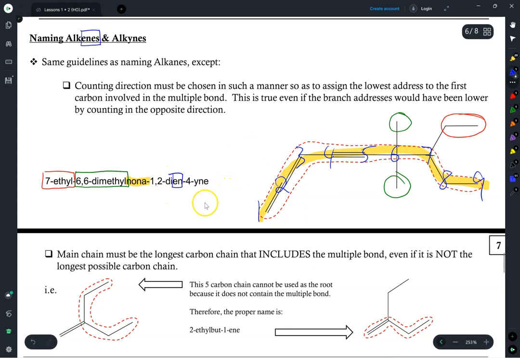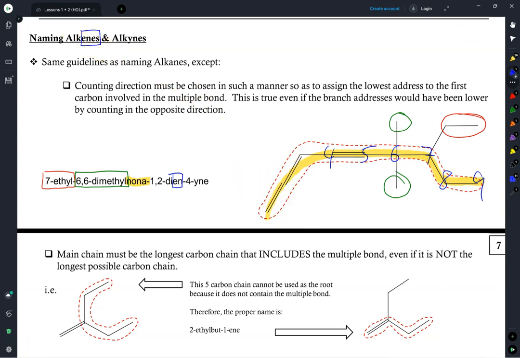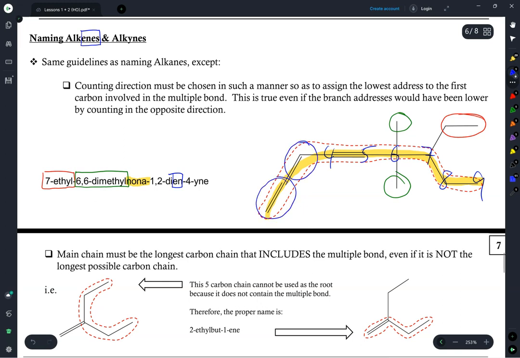Now, hopefully you can guess that the en comes from the suffix ene from alkenes, and that's to indicate the presence of double bonds. And since there are 2 double bonds, here and here, that's why we have the prefix di to say that there are 2 of these double bonds present inside our parent chain.